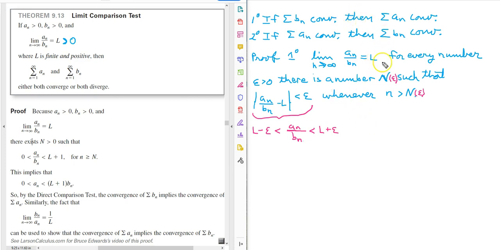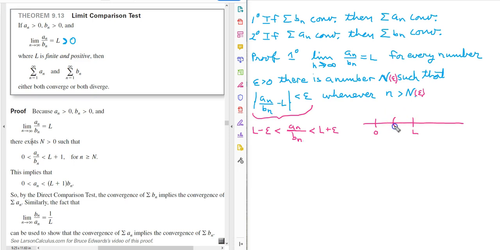Now to complete the proof of number 1, what we're going to do is this. We're going to choose epsilon to be a specific value. We're going to assume that the L looks like this. Say L is right here, 0 is over here. We're going to pick the epsilon to be L divided by 2. So notice halfway, half of this distance is L over 2.